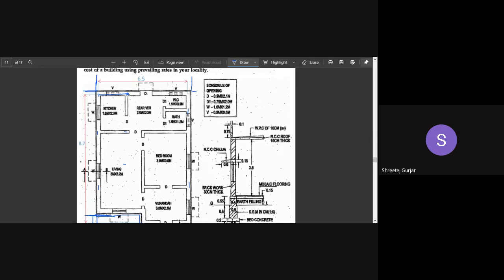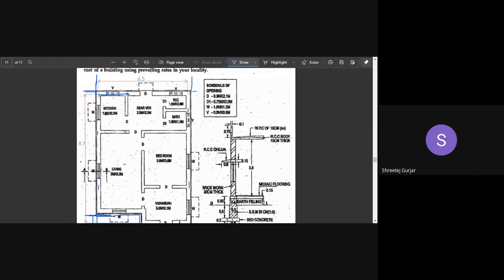So it is 0.3, which is my wall thickness, plus the width of my kitchen, that is 2.3, plus the internal wall, which you can see is 0.2, plus the living room breadth, that is 5.2, plus the external wall thickness, that is 0.3.